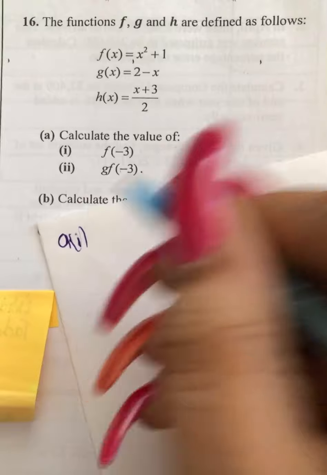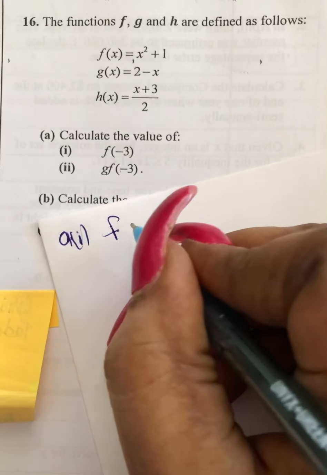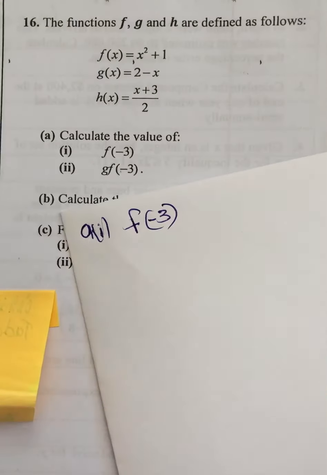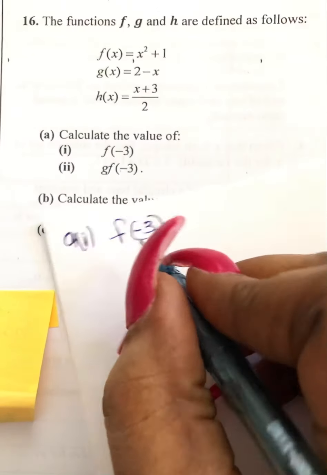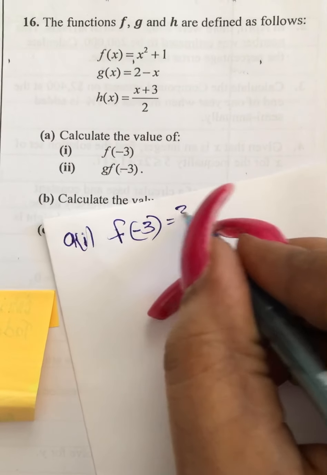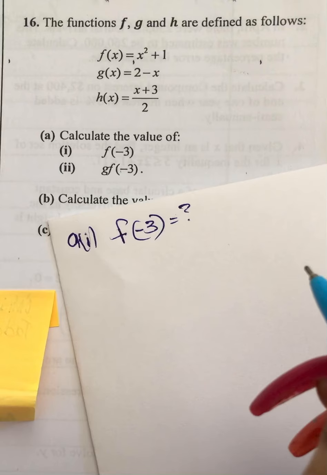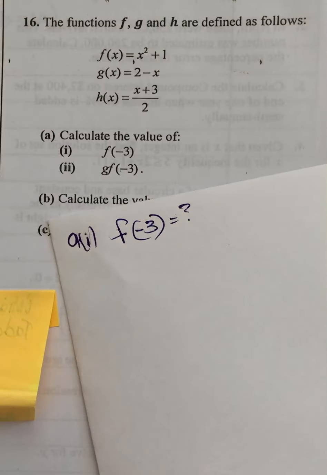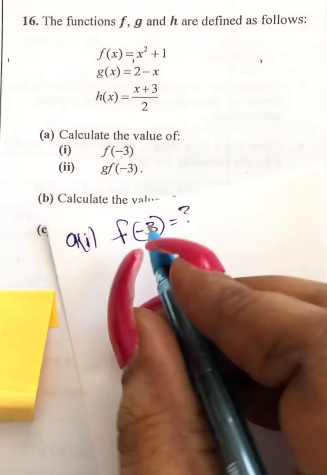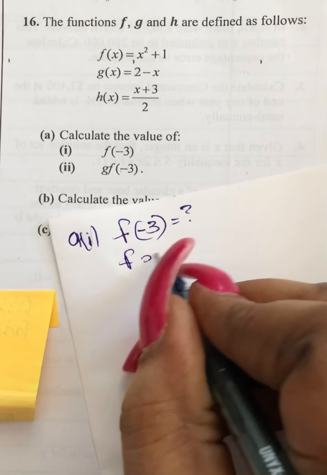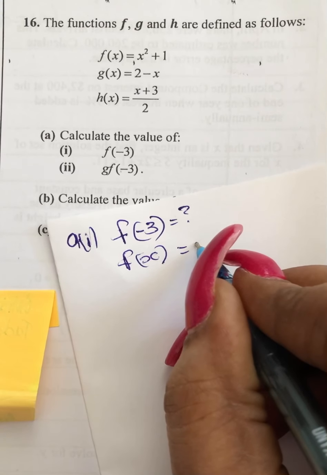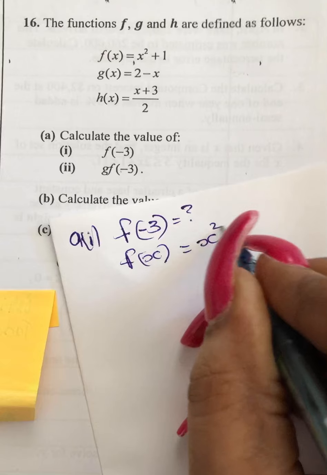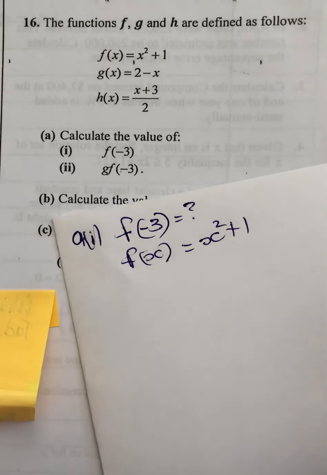Part A, part 1. We want to use f of -3. We want to use f to find what we will get when we substitute -3. So we take the function f of x, and it says f of x is equal to x squared plus 1.